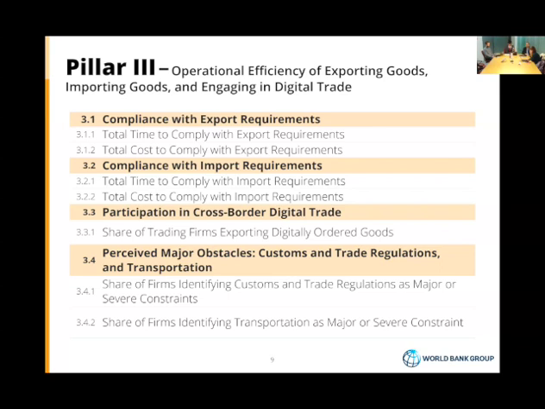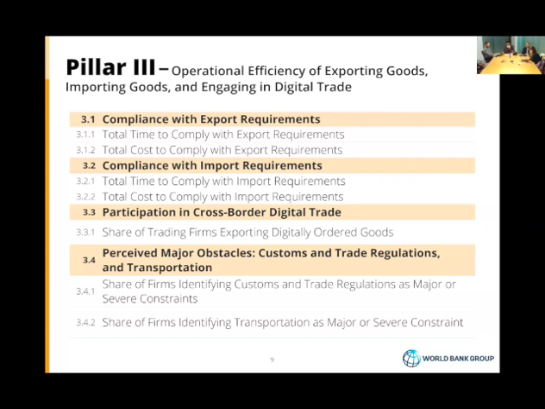And the last category is the one that assesses the shares of firms identifying customs and trade regulations, as well as transportation, as a major obstacle to trade. These are perception-based questions on major obstacles to international trade, capturing subjective experiences and viewpoints of firms, shedding light on the challenges that businesses face when trading internationally.